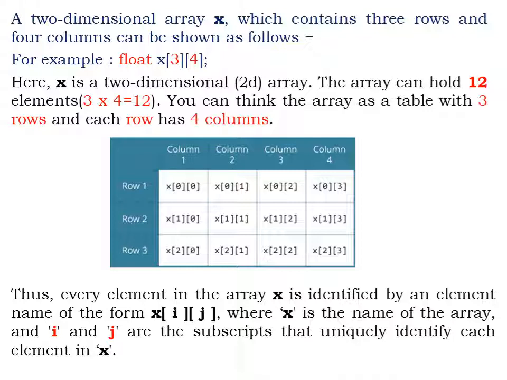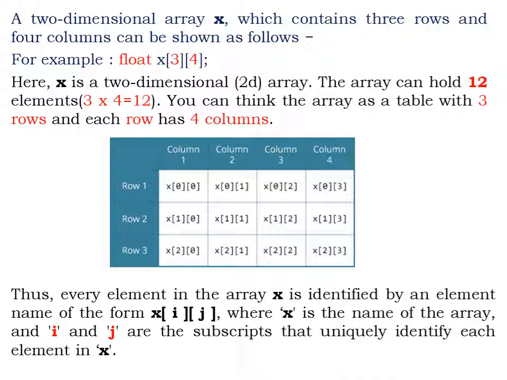If I want to access the first element stored inside the array, that is the first row and first column, that is x of 0, 0. When I say 0, 0, it is the first element that I am accessing from the two-dimensional array.